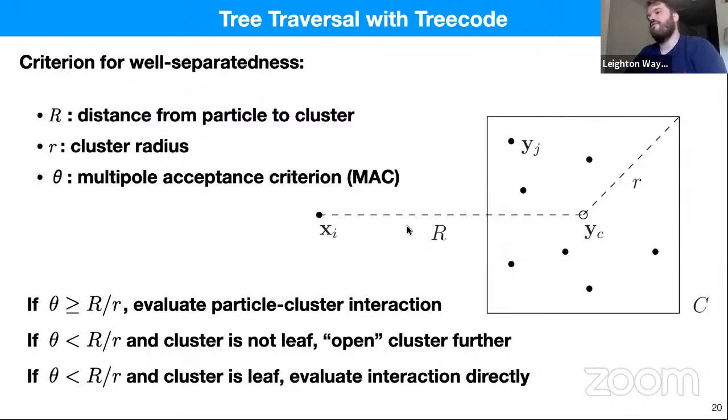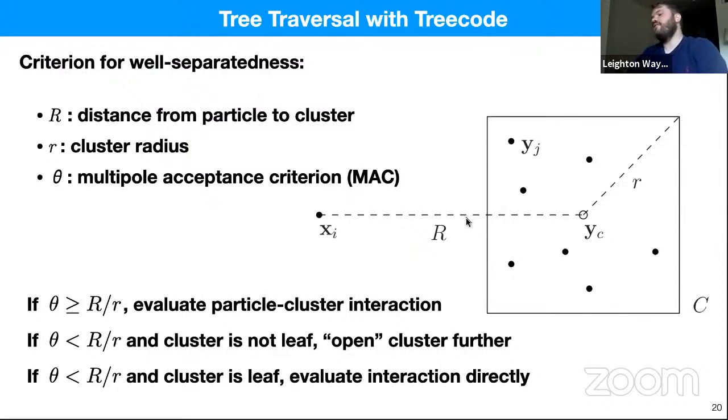And then we have to have some sort of parameter, this multipole acceptance criterion or opening criterion, to determine if we feel like this is well separated enough to interact with approximately. So if theta is bigger than big R over little r, then this is far enough apart, and so we can evaluate this particle-cluster interaction approximately.